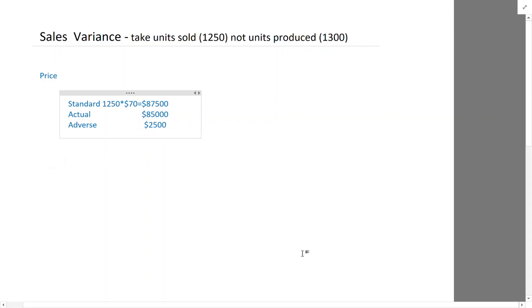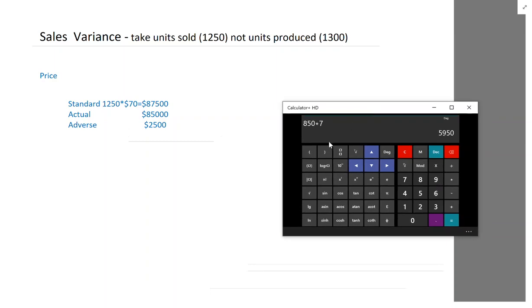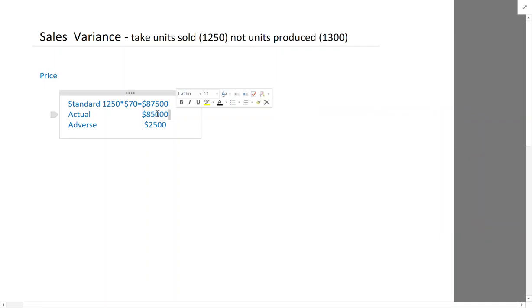So, adverse. We have sold it for, because this is revenue, less means adverse. Okay, we could have earned a revenue of 87,500, but we earned revenue of 85,000, which is 2,500 less.